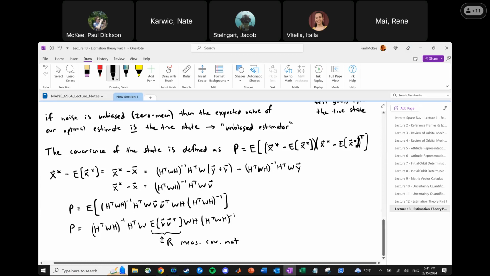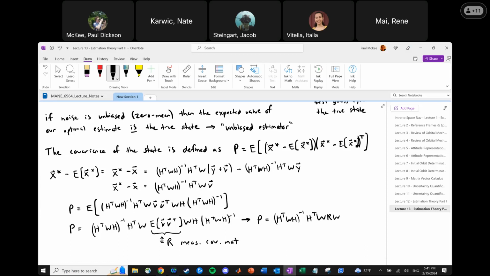And so therefore, P is equal to, here it comes, (H transpose W H) inverse H transpose W R W H (H transpose W H) inverse.